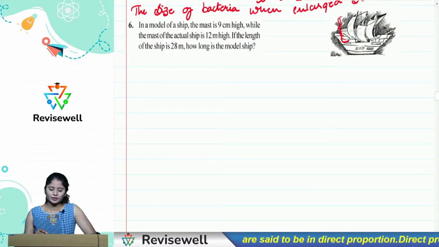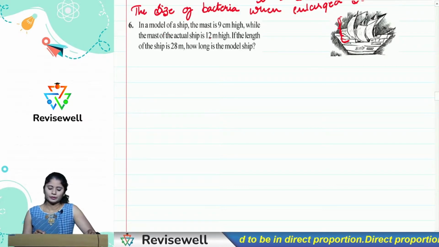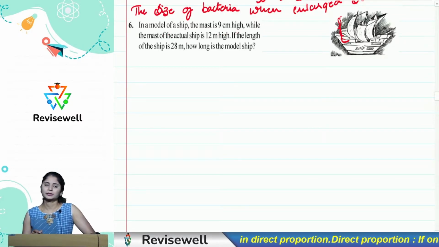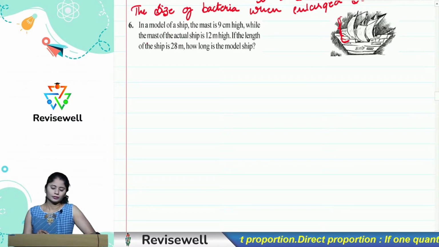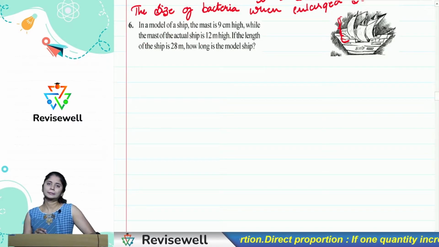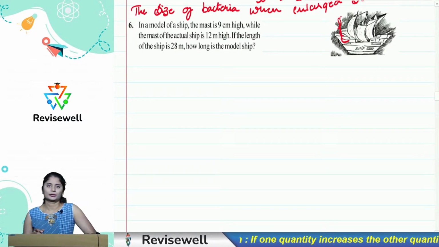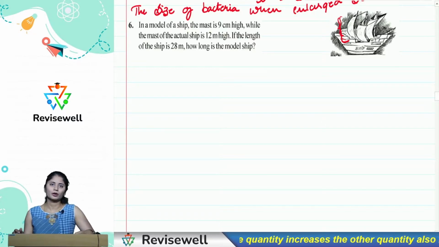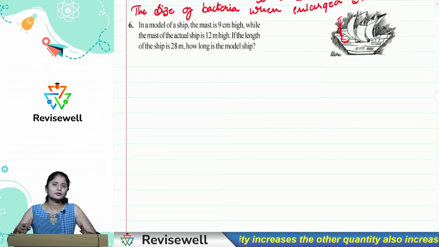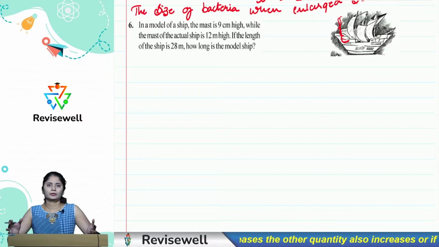Next question. On a model of a ship, the mast is 9 centimeter high, while the mast of the actual ship is 12 meters high. If the length of the ship is 28 meters, what is the length of the model ship? Whenever you are designing a model, definitely you will reduce the size. You cannot make it as it is in the actual shape.